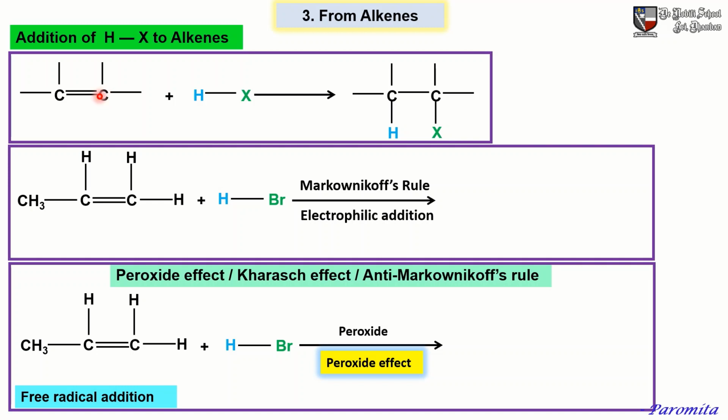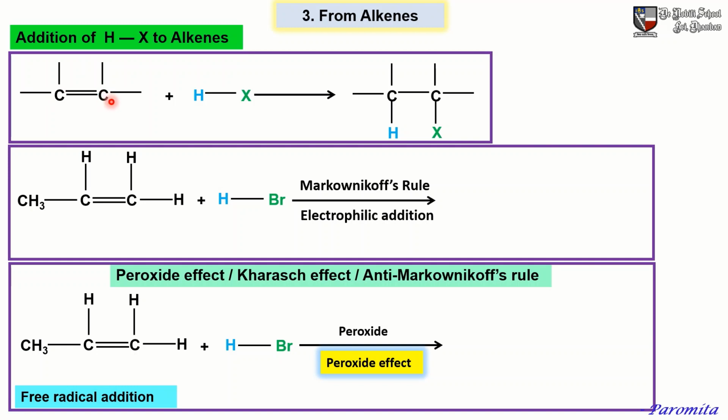Let us take the first example of ethylene. Ethylene means here you have one H, here also H, here also H, and this is also H. That means this carbon has 2H and this carbon also has 2H. That means the environment of both the carbons is the same.